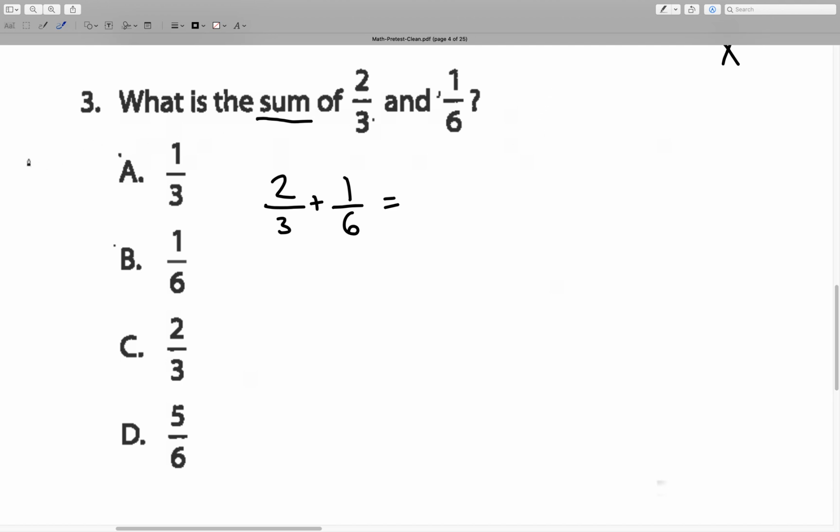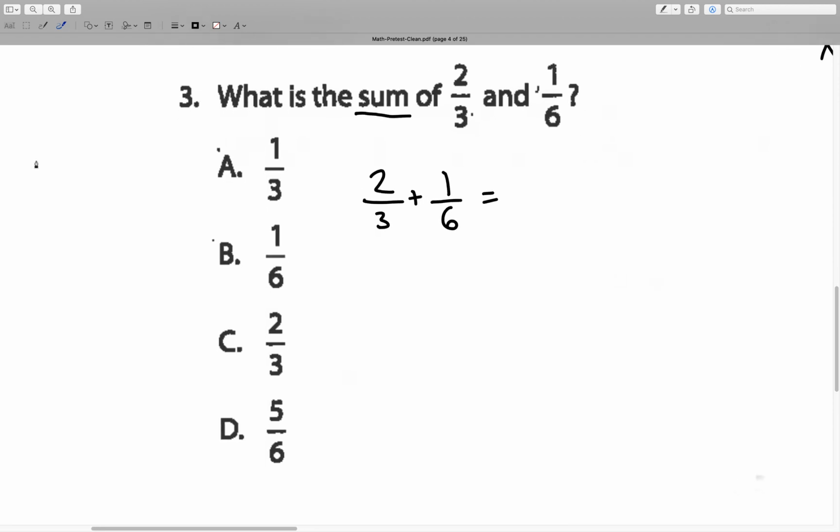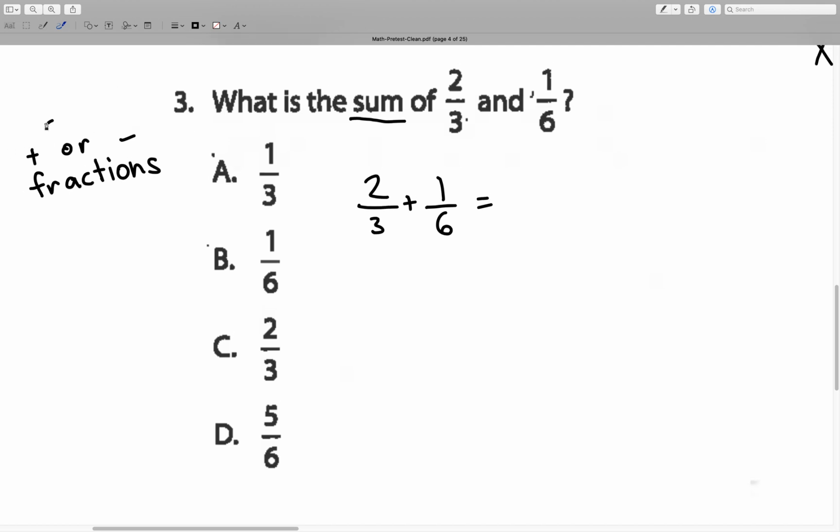One thing that I kind of wanted, I'm going to put in your notes over here, right? When you're adding or subtracting fractions, you always look for the common denominator.